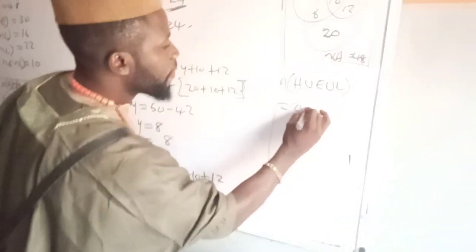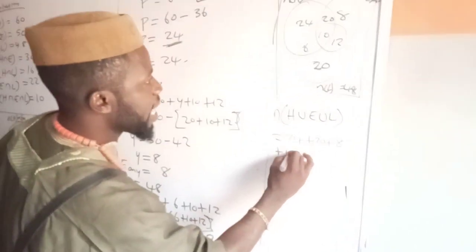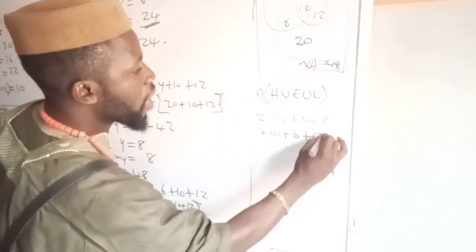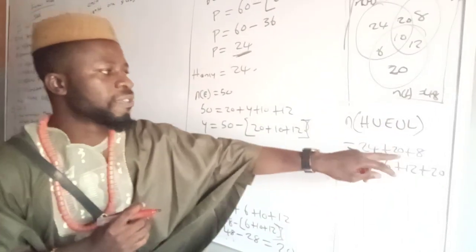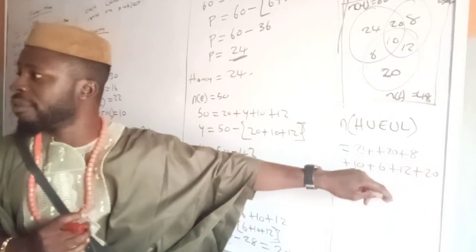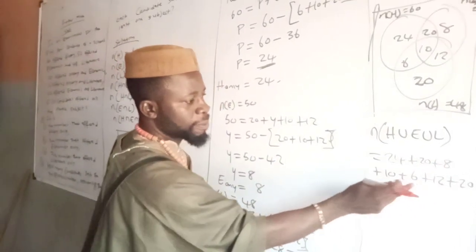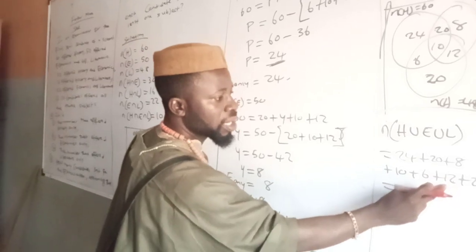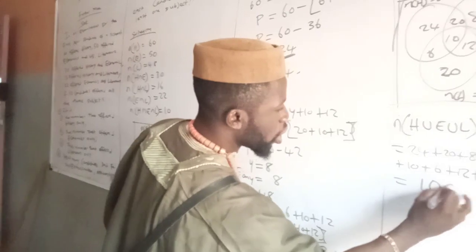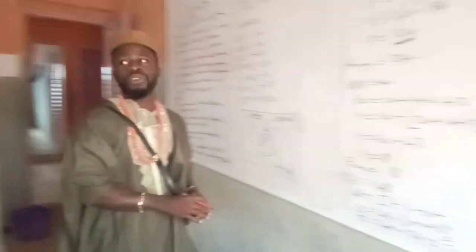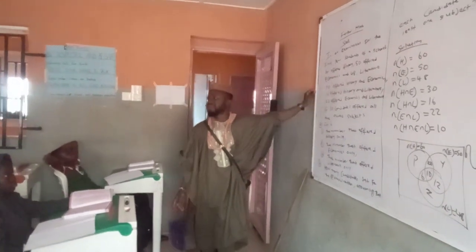That will be 24 plus 20 plus 8 plus 10 plus 6 plus 12 plus 20. So by the time you add everything together, this is 44, then 52, plus this, 58, plus this, 80, then plus this one, 100. So the answer is 100. And that comes to the end of the solution for this particular question.